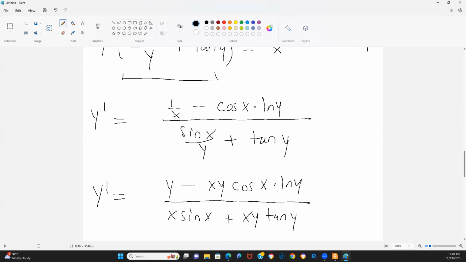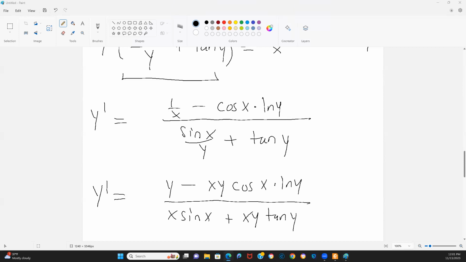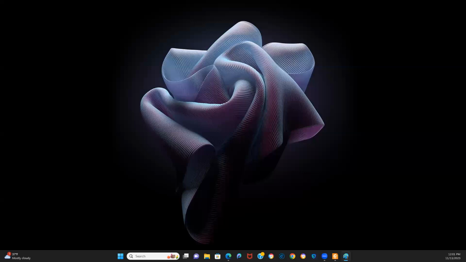So let me plug this into Symbolab, see if this is right. Let's see if we did this right.